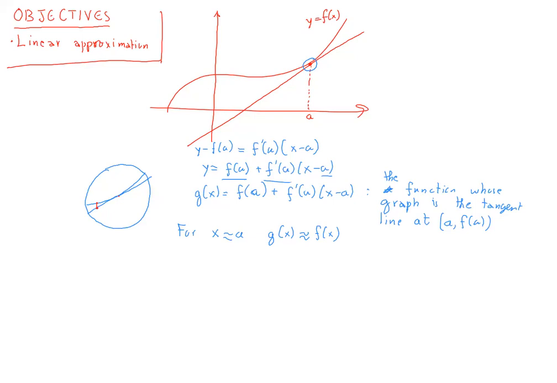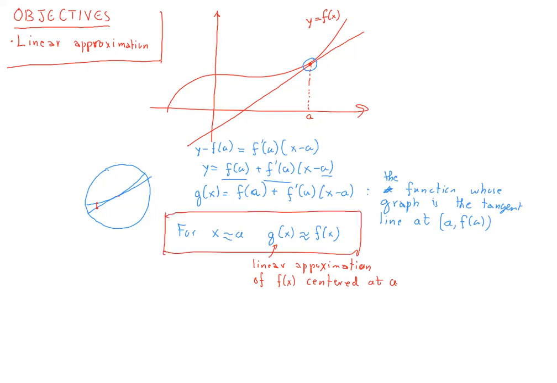And you're getting pretty much that the outputs of the function and its approximation, which is going to be called the linear approximation of f of x centered at a. And this is what we're going to see today.